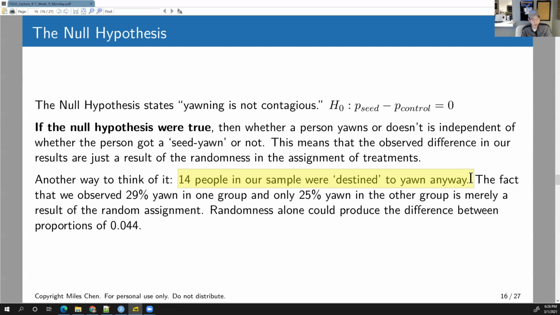Whether they yawned or didn't yawn had nothing to do with the treatment that they received. Okay. And so the fact that we observed 29% yawn in one group and 25% yawn in the other group is merely a result of the random assignment. Or another way to say it is that randomness alone could produce the difference between proportions of 0.044.